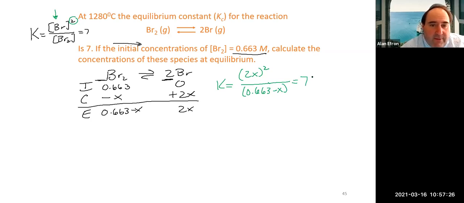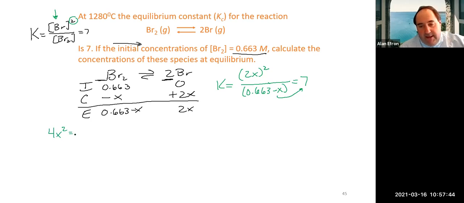At this point, we pretty much need to multiply the bottom to the other side. We also need to square the top. If we square the top, that gives us 4x squared.